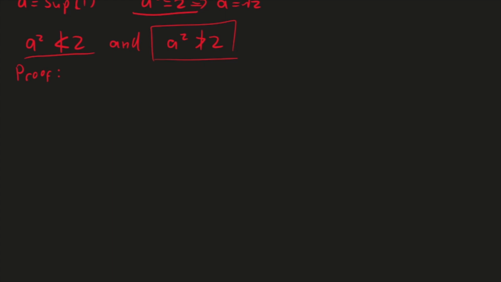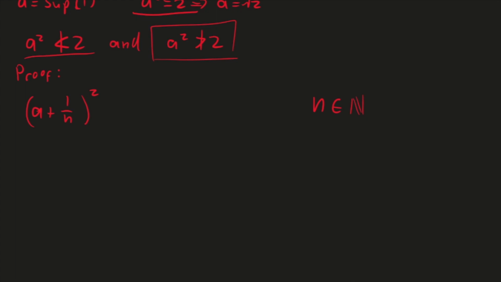Okay, so we're going to start off by taking a plus something else, 1 over n, where n is an element of the natural numbers, so it's an integer and it's greater than 0.